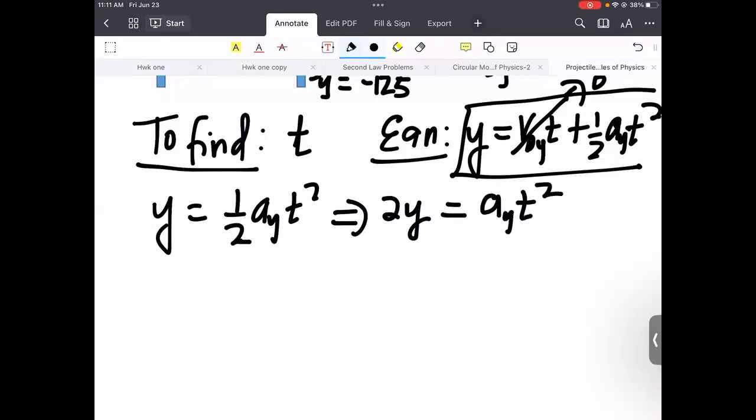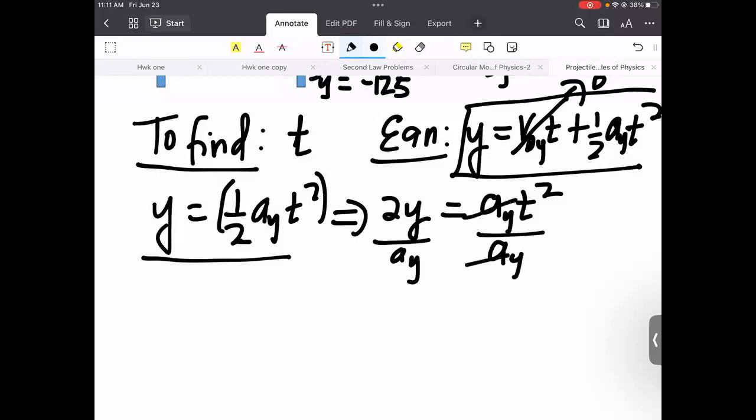Then you divide by A_Y on both sides, and you end up with time squared equal to 2Y over A_Y.